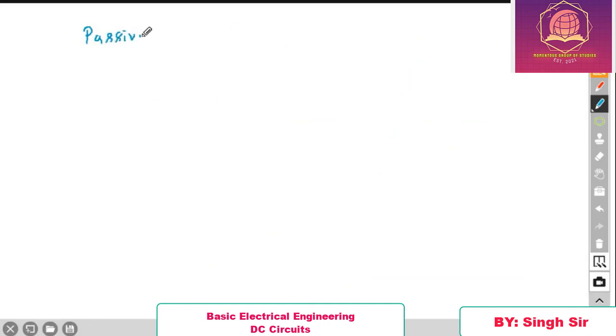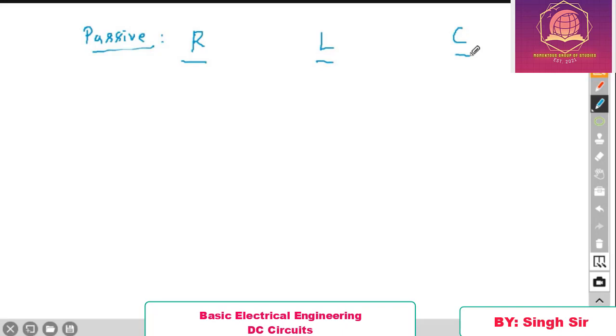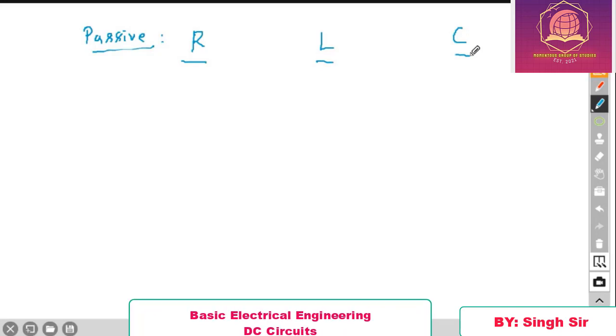Passive elements have resistance, inductance, and capacitance. I'm not going into much detail about resistance, inductance, and capacitance, as how they actually became these is not in your syllabus. I will just tell you the equations we are going to use.